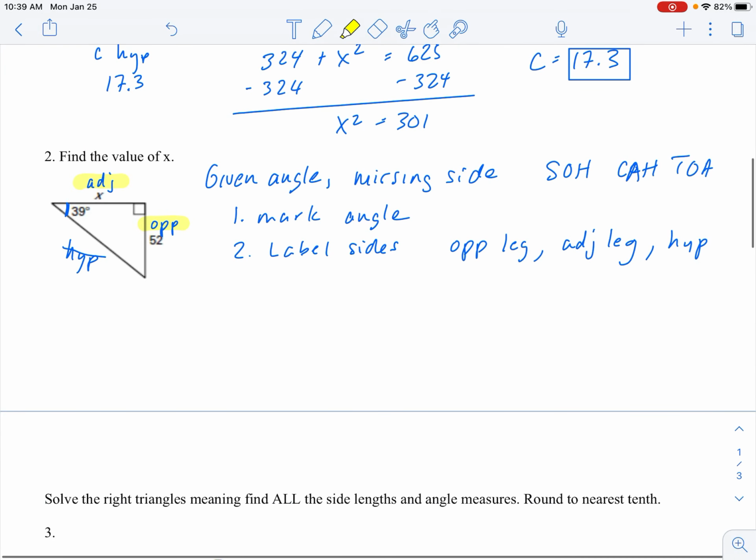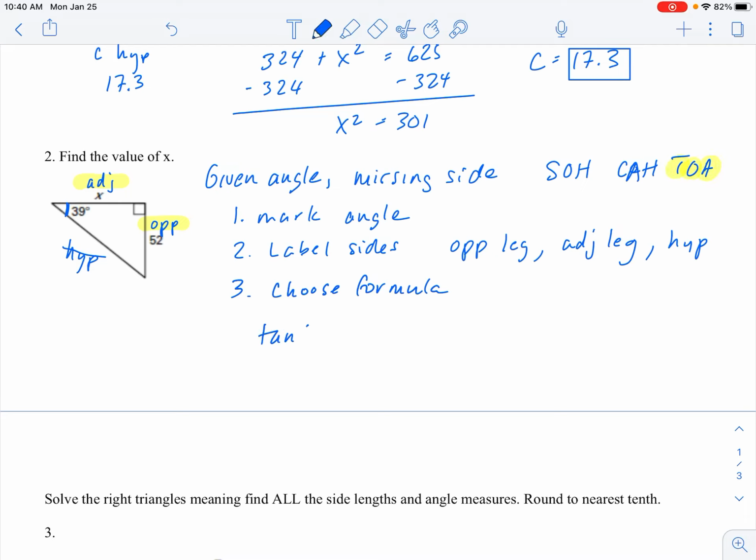So I'm going to write down my formula. And again, I'm choosing tangent based on opposite and adjacent. So the tangent of the angle equals opposite over adjacent. Tangent of 39 equals 52 over x.